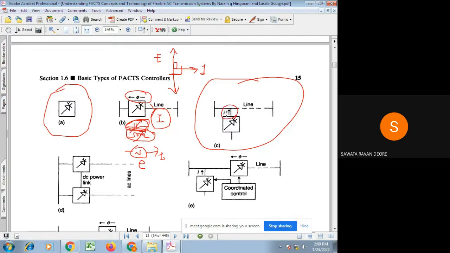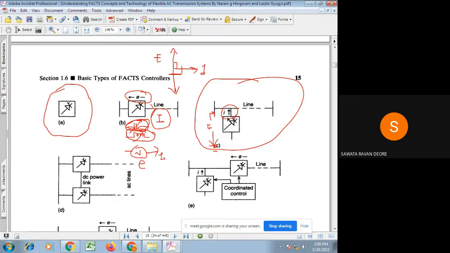And as long as this injected current by this shunt compensator is in quadrature with the line voltage, that is the system voltage, it exchanges only the reactive power with the supply system.